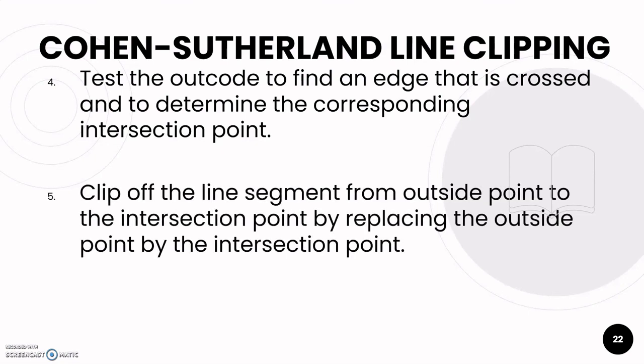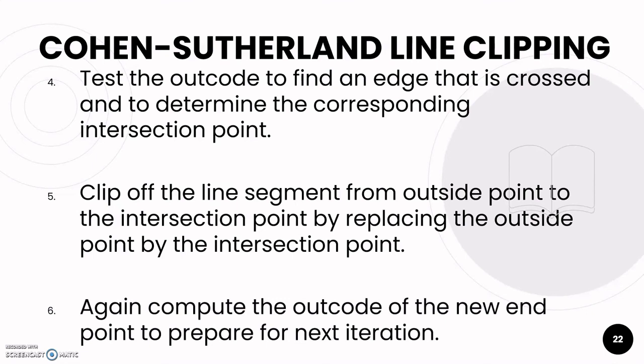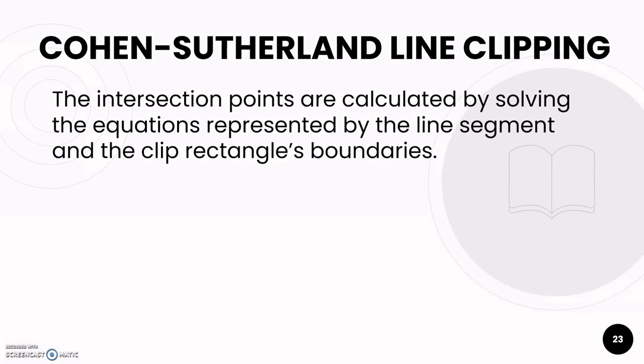Now, clip off the line segment from the outside point to the intersection point by replacing the outside point with the intersection point. Again, compute the outcode of the new endpoint to prepare for the next iteration. The intersection points are calculated by solving the equations represented by the line segment and the clip rectangle boundaries.